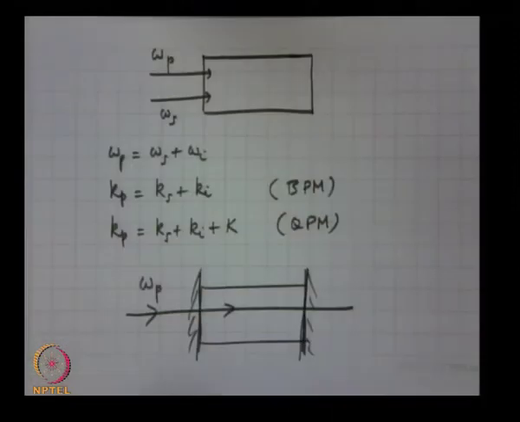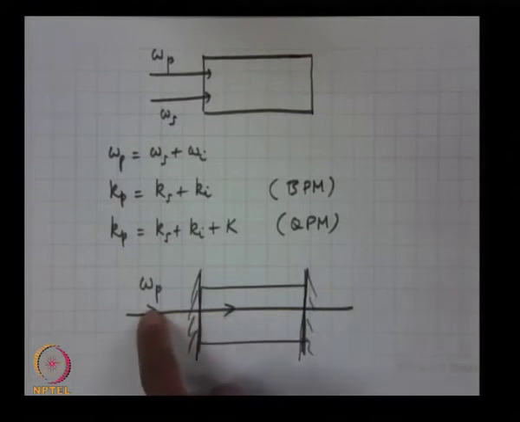So what will happen is, if I put in a pump omega p, the gain inside the crystal depends on the intensity of the light at omega p. Remember, the gain coefficient depends on the nonlinear coefficient of the crystal, and it also depends on the intensity of the pump wave.